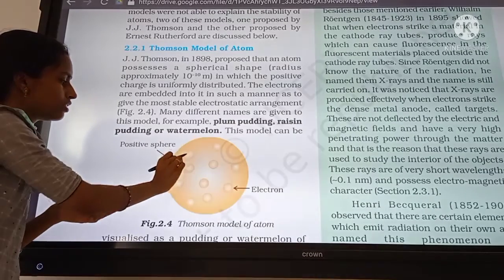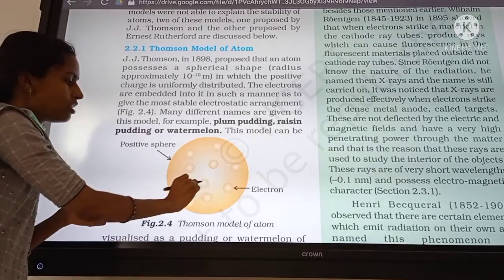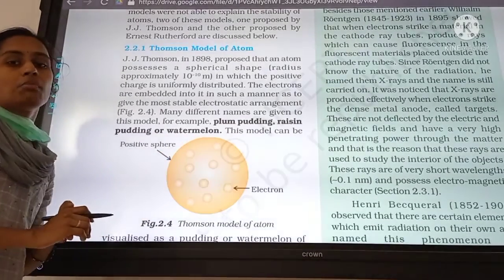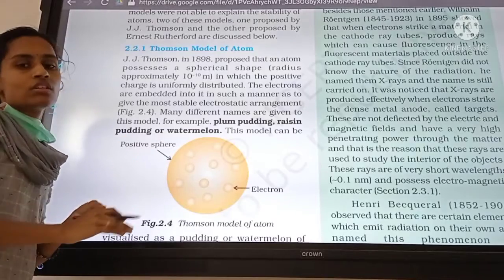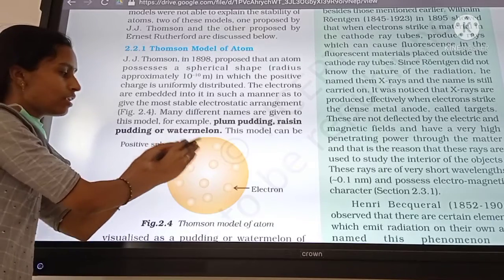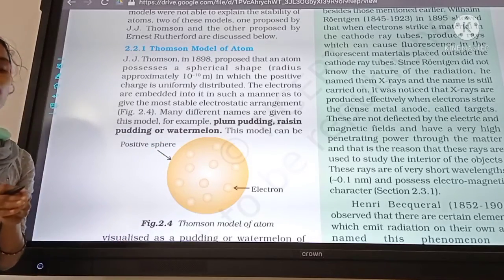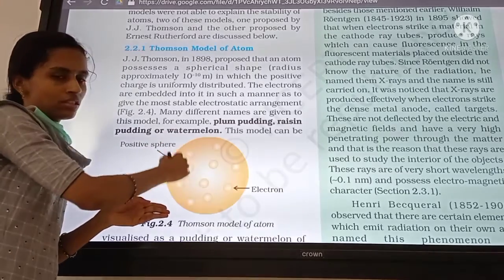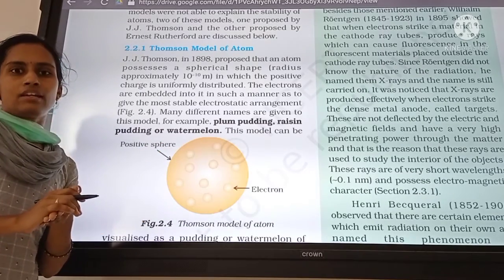And the electrons are embedded in that positive sphere, here and there in this spherical atom.